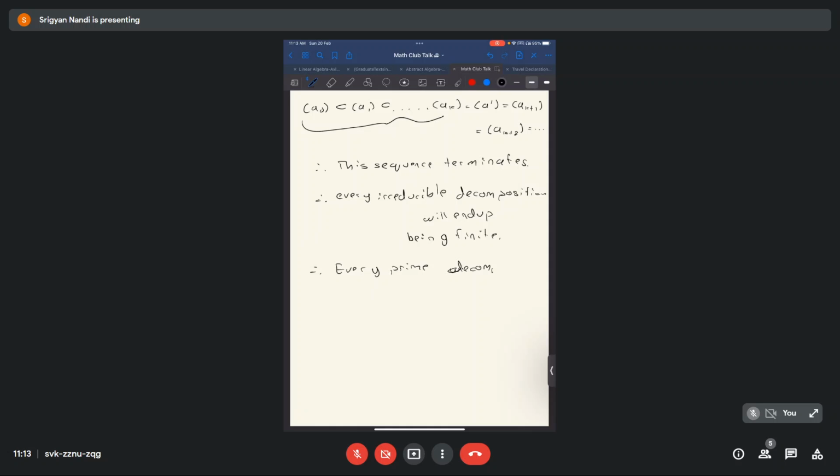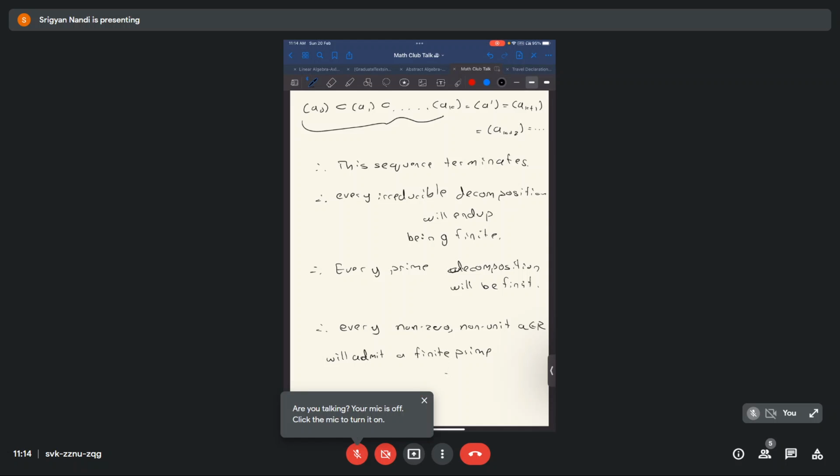So every prime decomposition will be finite. Therefore, every non-zero non-unit A that belongs to this integral domain will actually admit a finite prime decomposition.